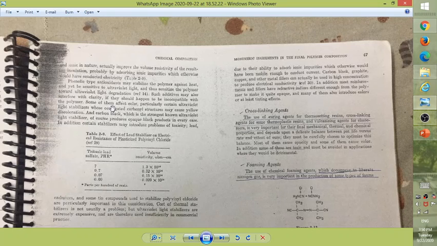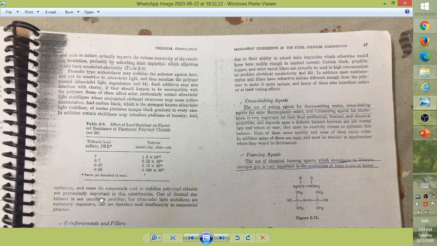Some of them affect color, particularly certain ultraviolet light stabilizers whose conjugated carbonyl structures may cause yellow discoloration, and carbon black, which is the strongest known ultraviolet light stabilizer, of course produces opaque black products in every case. In addition, certain stabilizers may introduce problems of toxicity.